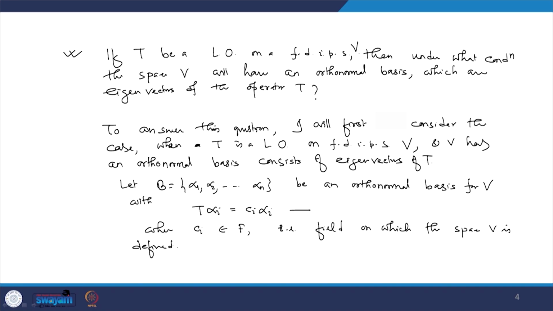Okay. So, I mean to say here c i is basically an eigenvalue of the operator T, for i equal to 1 to n. So, this implies the matrix representation of T with respect to this ordered basis B will be a diagonal matrix like c1, c2, ..., cn.